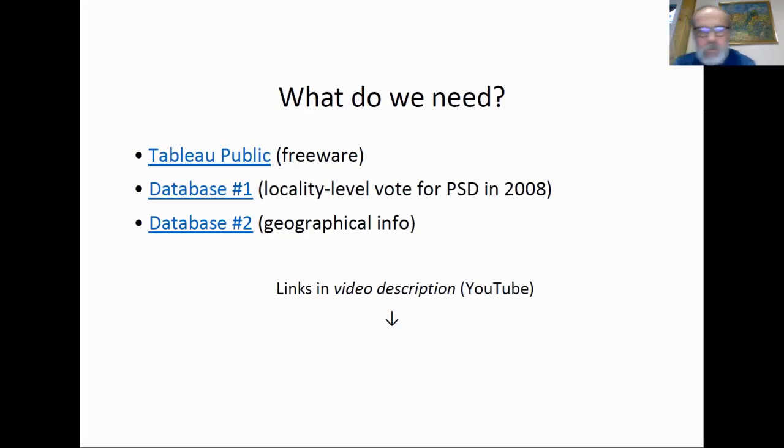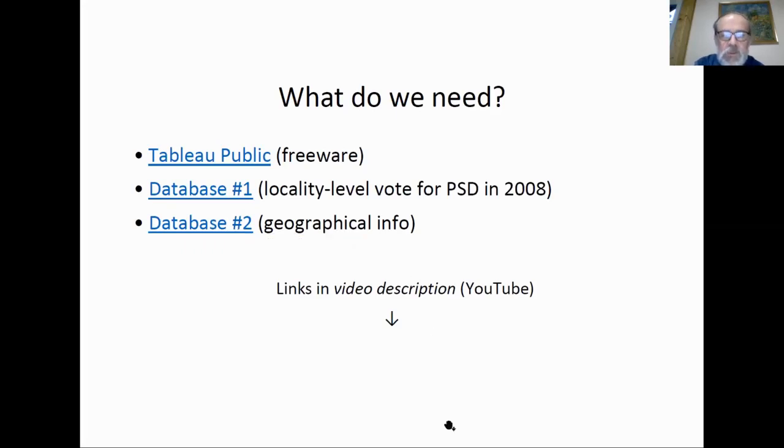So you can actually get it and install it in your computer or your laptop or whatever on the Tableau Public website, right? Then we will also need two databases, a database with election results, what we want to map, and then a second database with geographical info at the locality level.